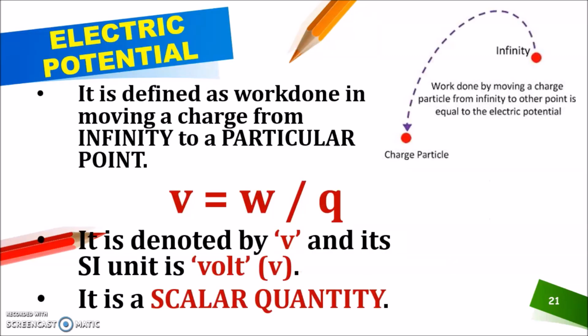Our next topic is electric potential. It is also related to the battery. Battery creates electric potential difference in a circuit. So first we have to understand what is electric potential. Electric potential is defined as the work done in moving a charge from infinity or an unknown position, unknown place, to a particular point, to a particular place or known place in an electric field.